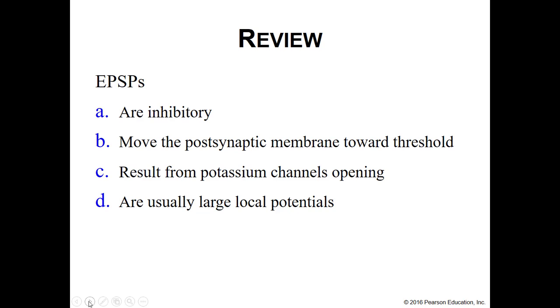Excitatory postsynaptic potentials move the postsynaptic membrane towards threshold, so move it towards depolarization. Inhibitory are inhibitory, so they move towards hyperpolarization.